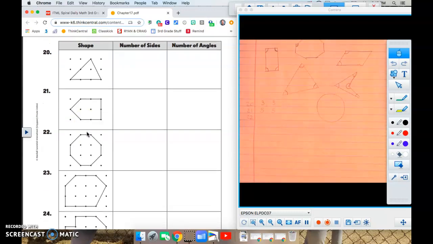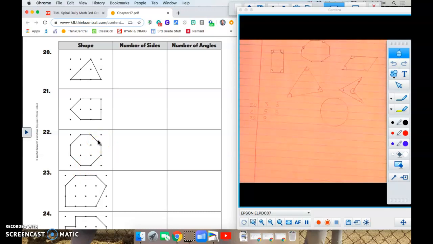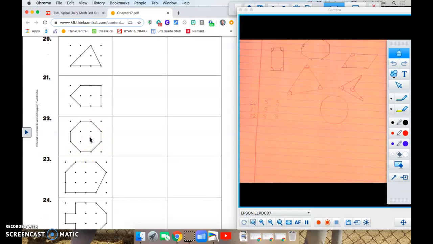22, there's our octagon again with the 1, 2, 3, 4, 5, 6, 7, 8 sides. I'm just going to make a guess here. I see a pattern starting. 8 sides, 8 angles. Okay, let's see. I'm going to start up here. 1, 2, 3, 4, 5, 6, 7, 8 angles.